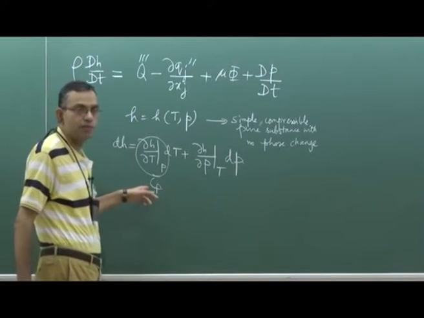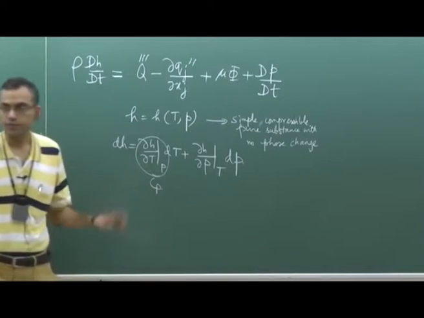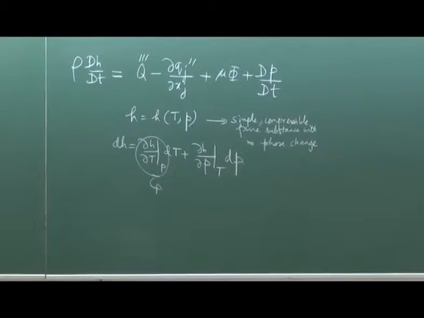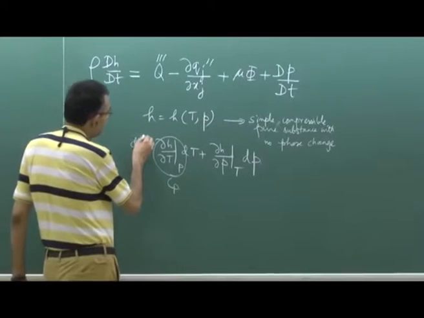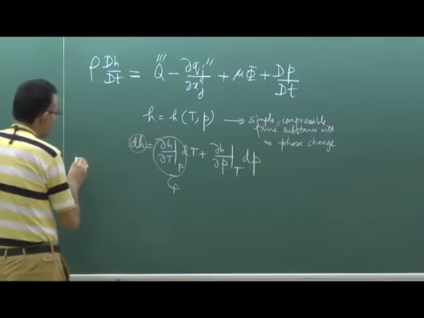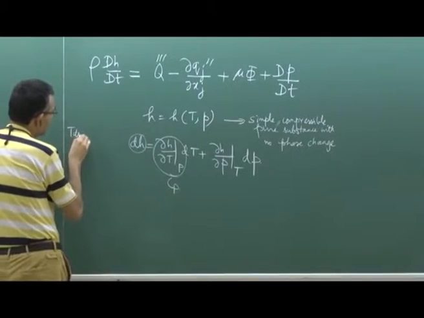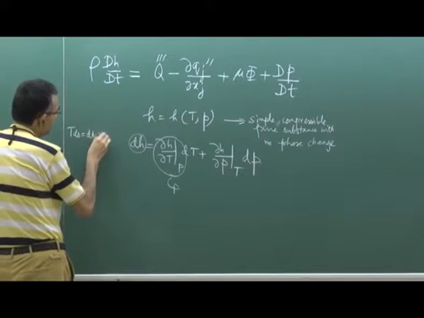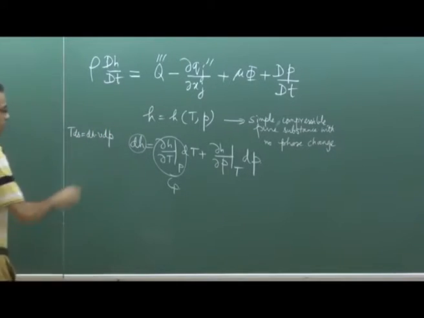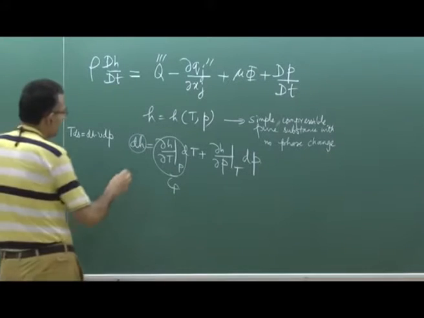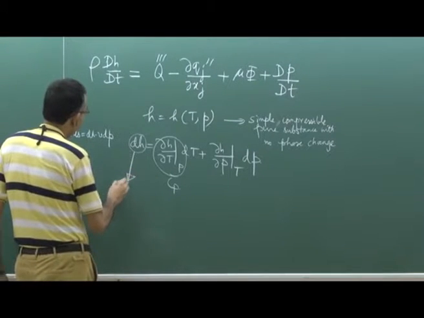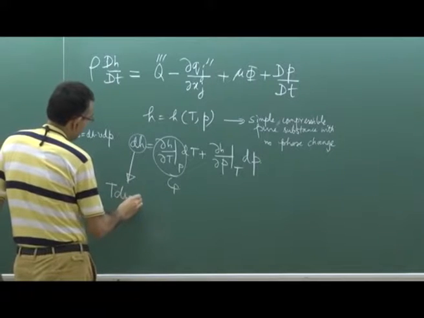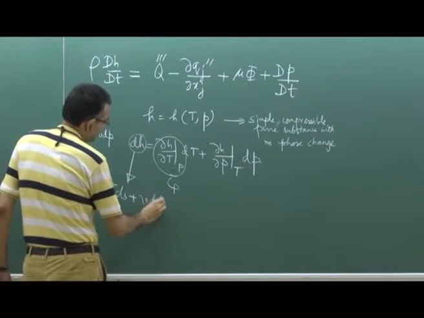By definition of Cp, this is what is Cp. Now, we will write this using one of the TdS relationships, that TdS is equal to dH minus VdP. So, in place of dH we will write TdS plus VdP.